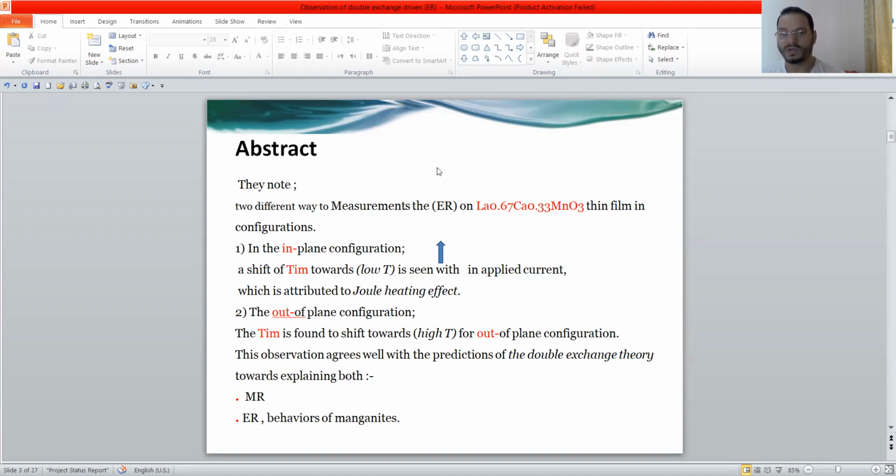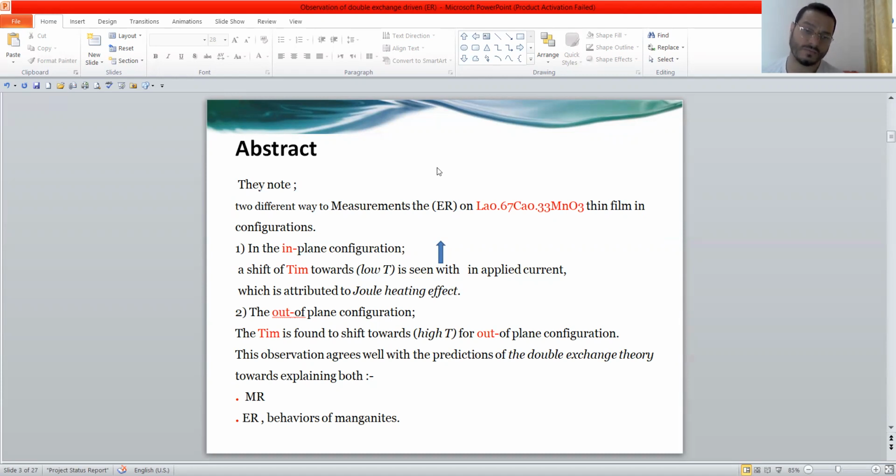These two ways to measure the electric resistance: the first one is the in-plane configuration, the second one is the out-of-plane configuration. Let's take simple information about all of them.